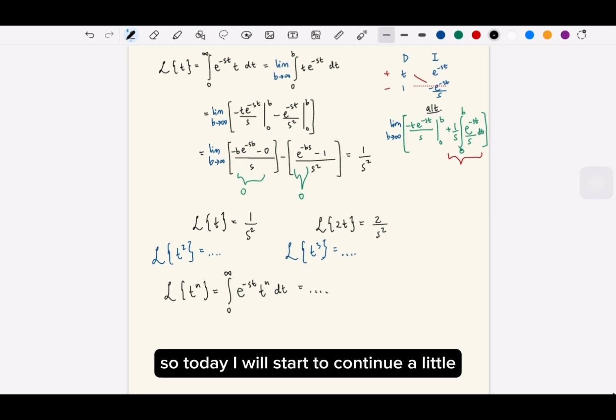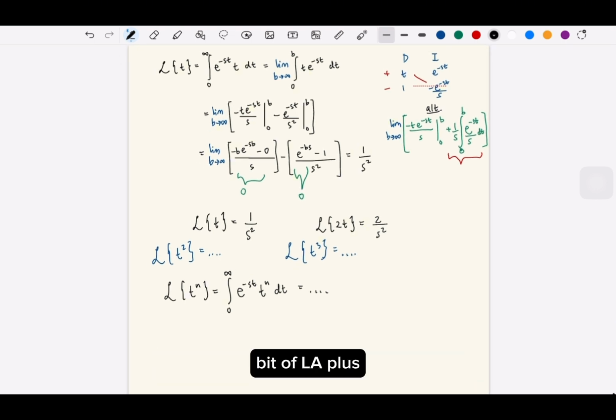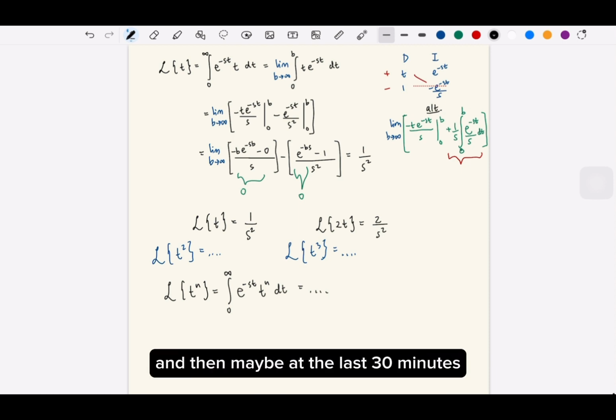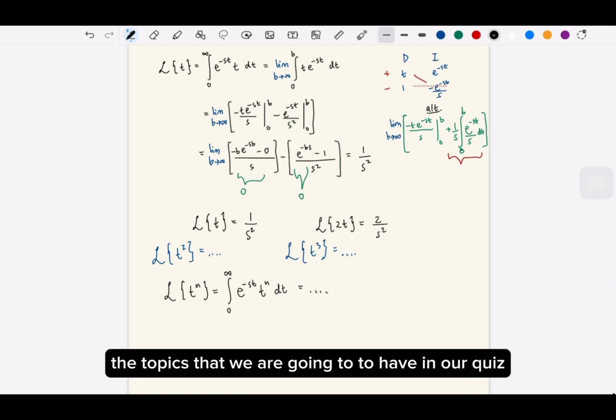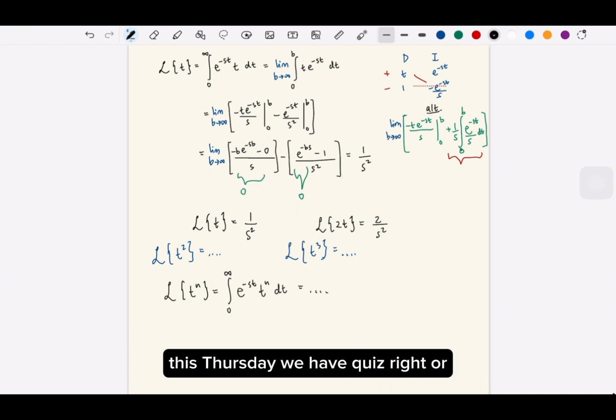So today I will continue a little bit on Laplace transformation, and then maybe in the last 30 to 40 minutes we can have some review of the topics that we are going to have in our quiz this Thursday, right?